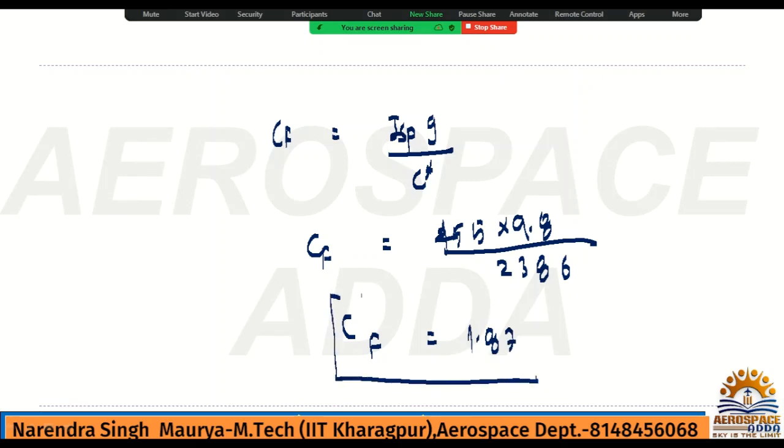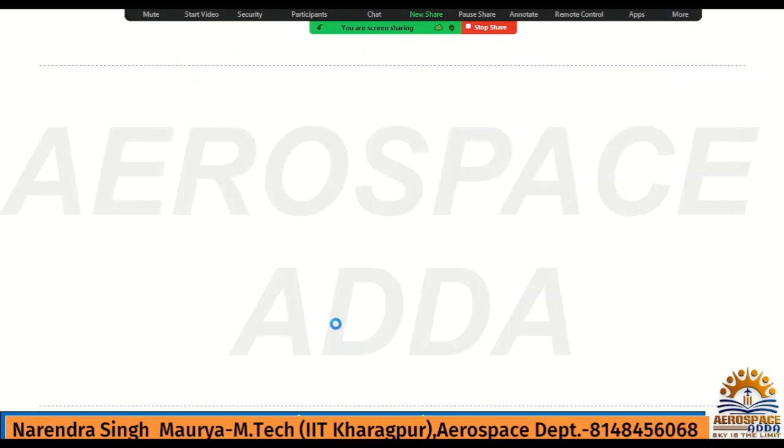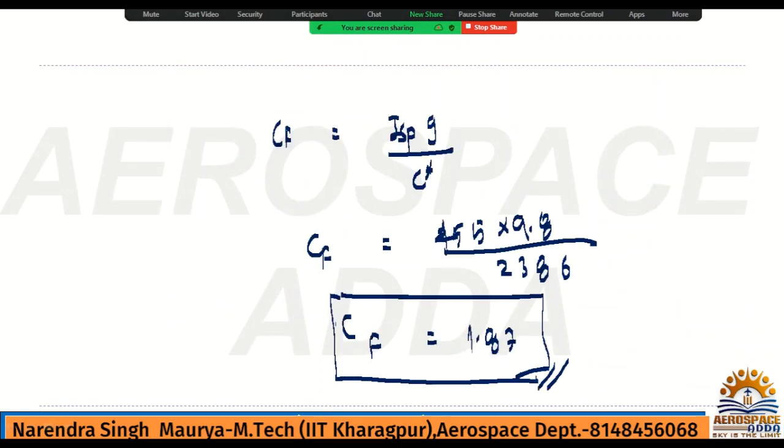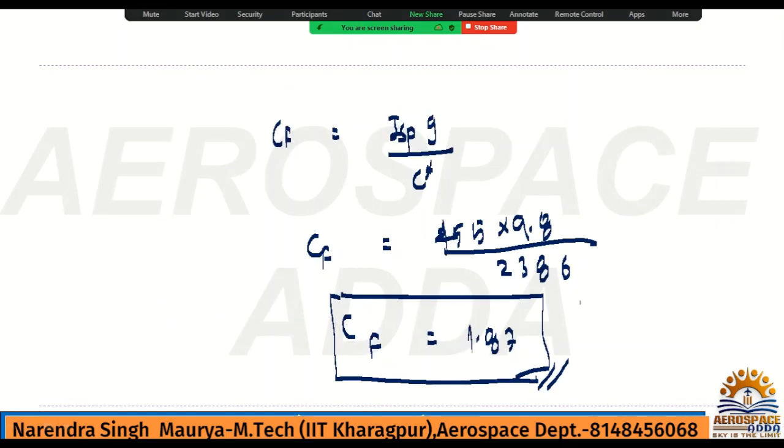Because it's a coefficient, there is no unit. Check option 1.87. This is the correct answer. Option is C. Done.